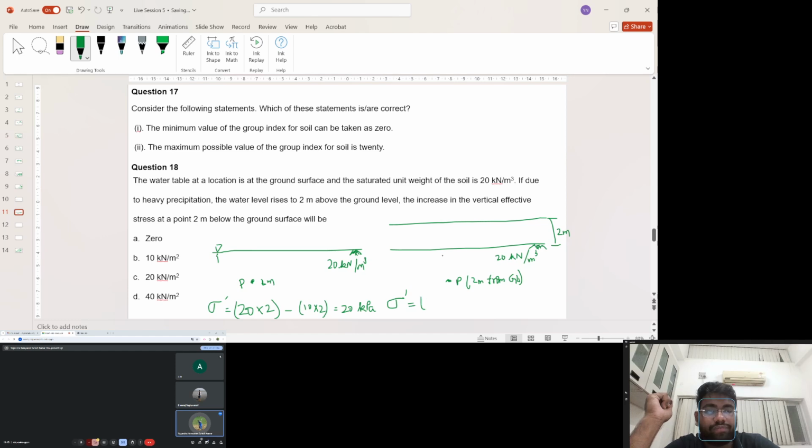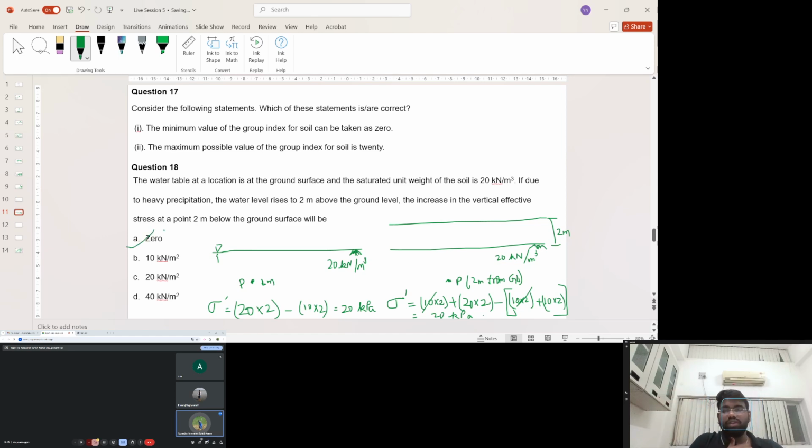Now effective stress will be the pressure due to water above the ground 10 into 2 plus the due to the soil 20 into 2 minus the pore pressure due to the above water column 10 into 2 plus 10 into 2, which is pore water pressure below the ground level. So if you see, this and this get cancelled, and ideally you get 20 kPa. So if you notice the change here, it will be 0.